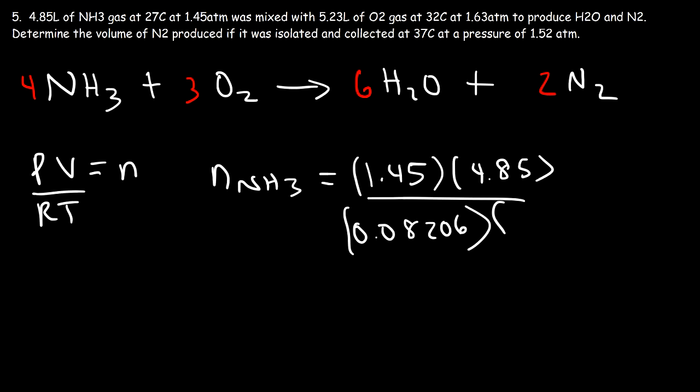So we need to convert that to Kelvin by adding 273 to 27, which is 300 Kelvin. So 1.45 times 4.85, and if you take that result divided by 0.08206, and then divide that result by 300, the moles of NH3 that you should get is 0.2857.